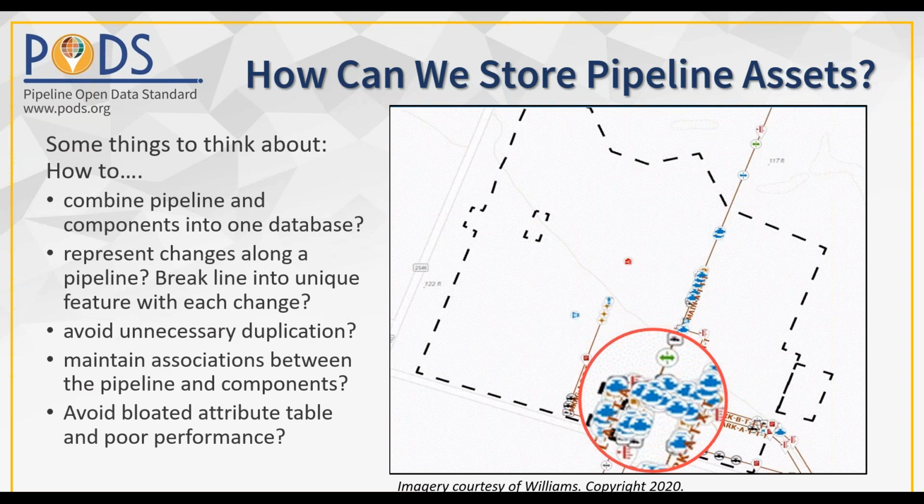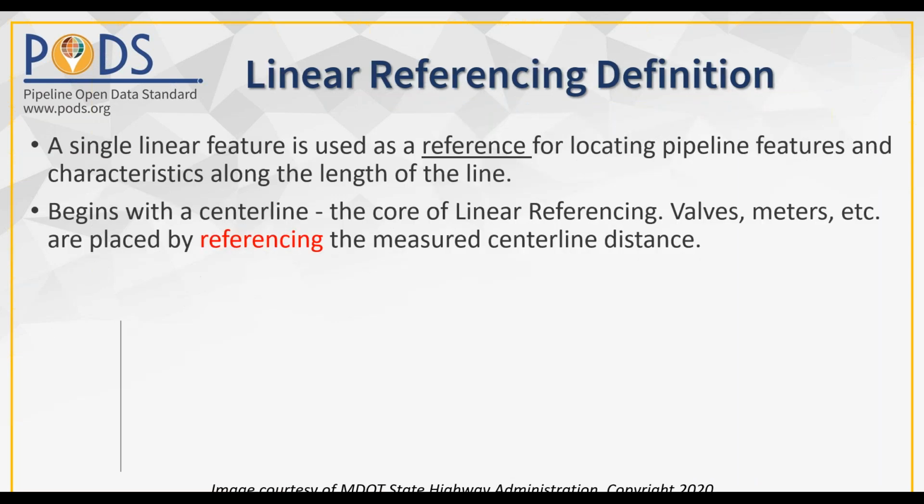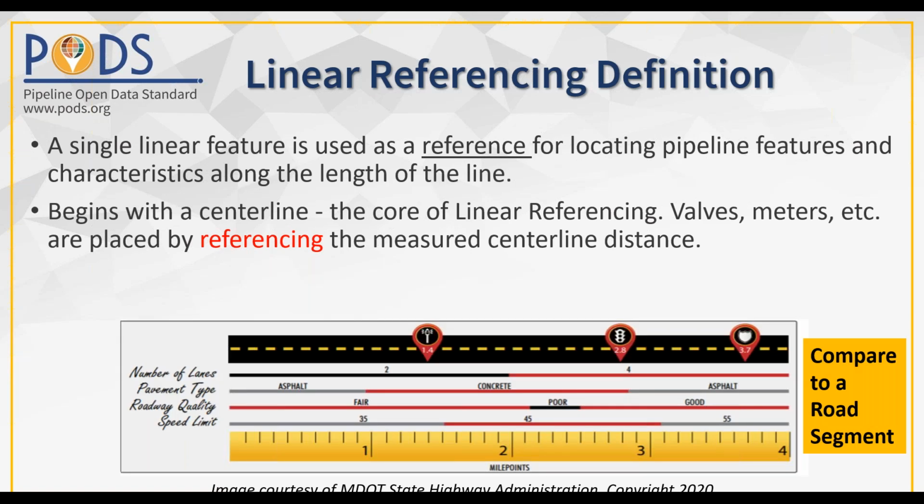So this is where linear referencing systems come in. This is how we can keep all this stuff straight without having a spaghetti-looking type of model. We have a model that is complex, yet understandable and easy to read. So this is where linear referencing enters the picture here.